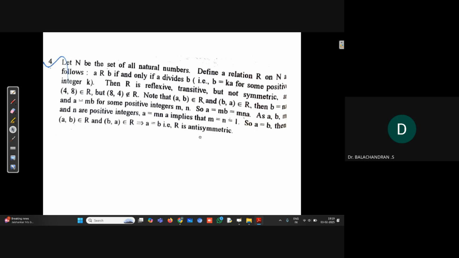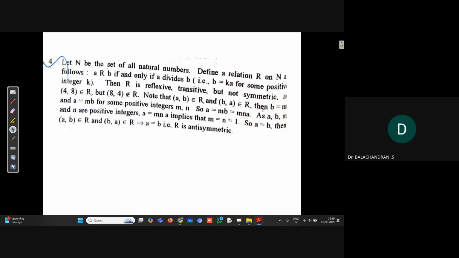But it is antisymmetric. Why? How is it antisymmetric? Whenever (a, b) is in R and (b, a) is in R, I should prove a = b. So (a, b) in R, under this definition, a divides b. So a divides b means b = na for some n.